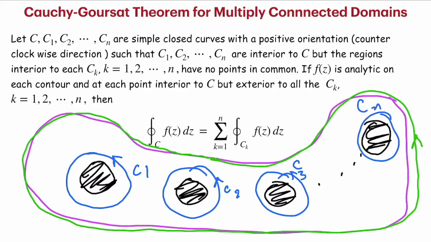Now the idea is that each of these regions is disjoint.